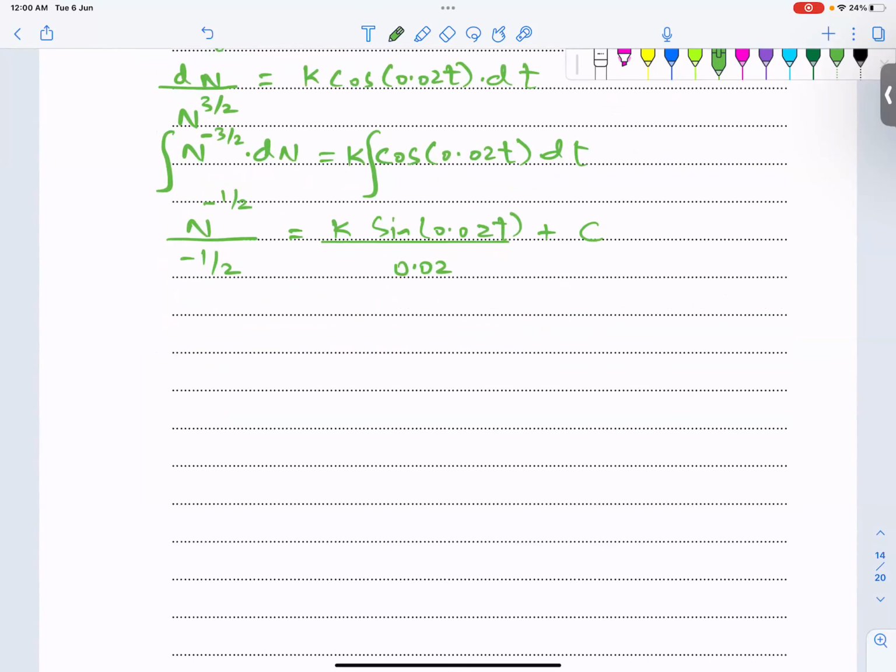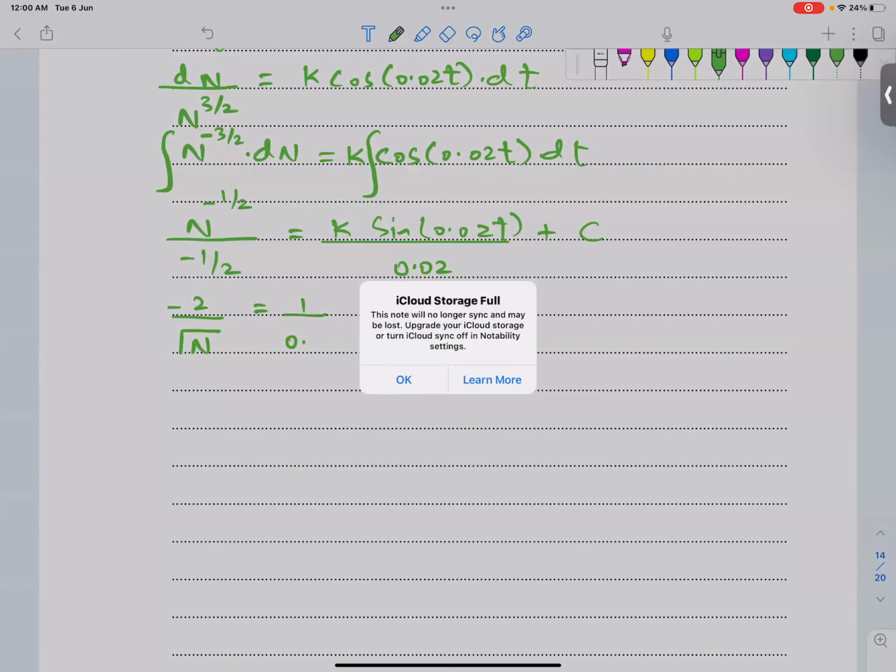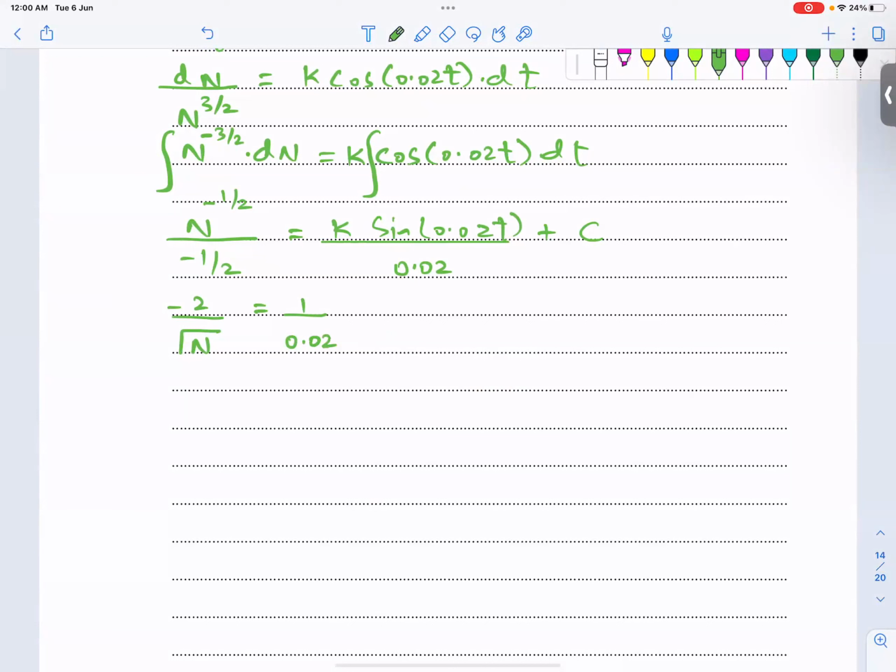Now we can write it as minus 2 and bring n to the power negative 1 over 2 down. This will become minus 2 over square root n is equal to 1 over 0.02 into k into sine of 0.02t plus constant of integration.